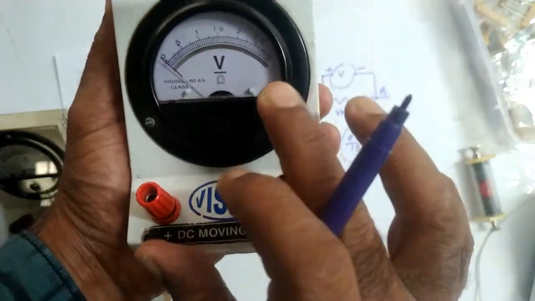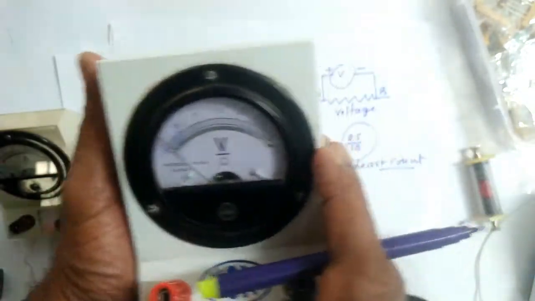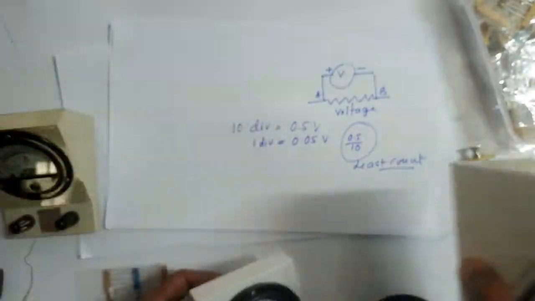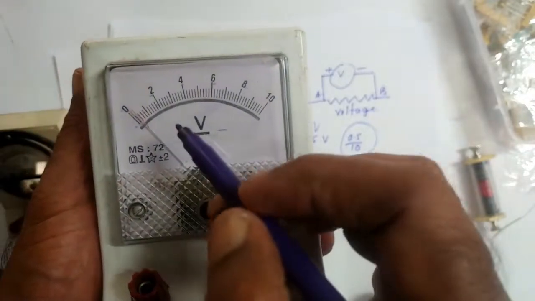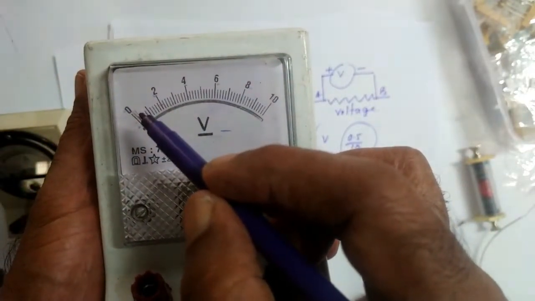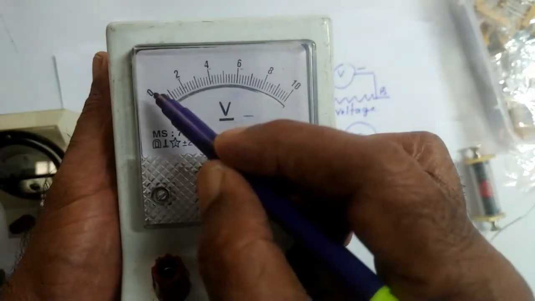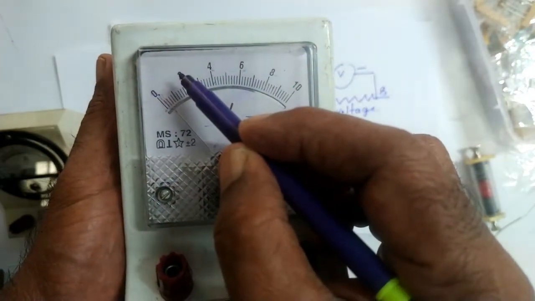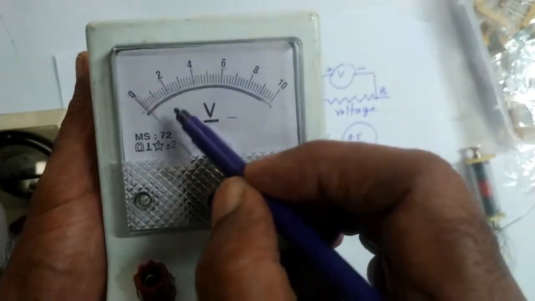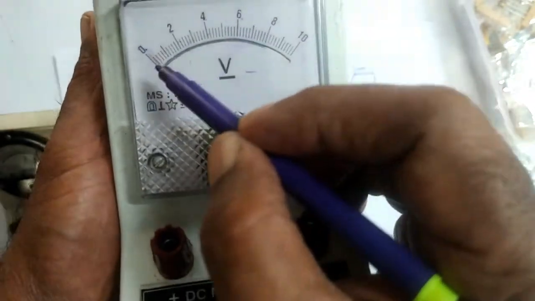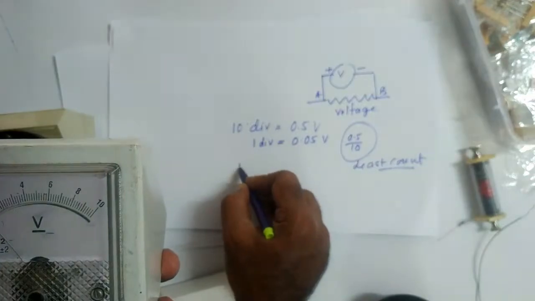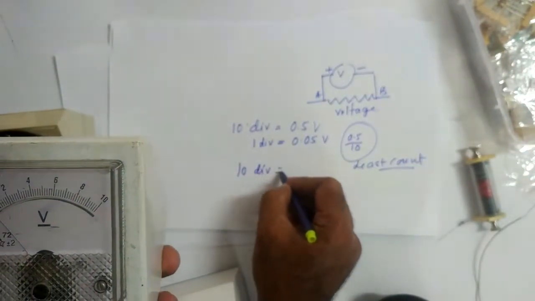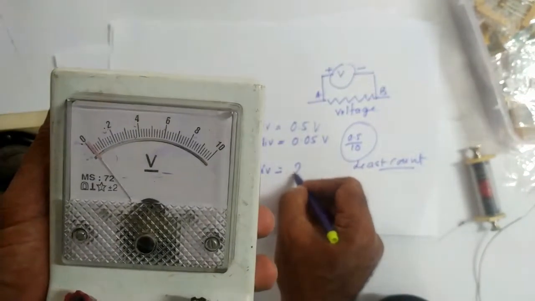Not all voltmeters will be of this type. Sometimes, as I said, a voltmeter can be of this type. Now if you find the least count of this, the first value is 0 and the next value is 2 volt. It's not 0.2 now, it's 2 volt. So how many divisions here? 10 divisions. So 10 divisions equal 2 volt.